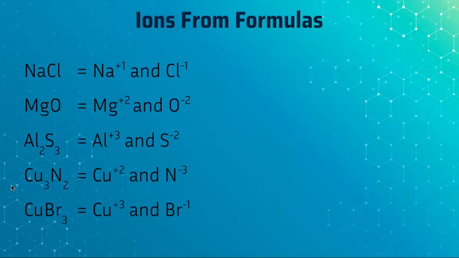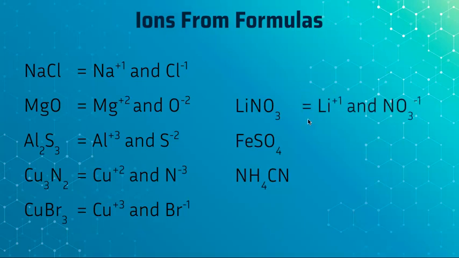So these were just singular elements that have been put together, copper and bromine, copper and nitrogen. What if we have polyatomic ions? Well, you keep these as one unit. So lithium nitrate becomes the lithium ion and the nitrate ion. This all stays together. You don't try to break up the nitrogen and the oxygen.